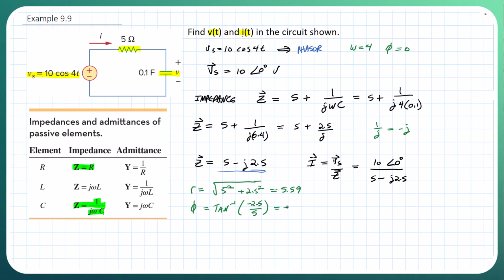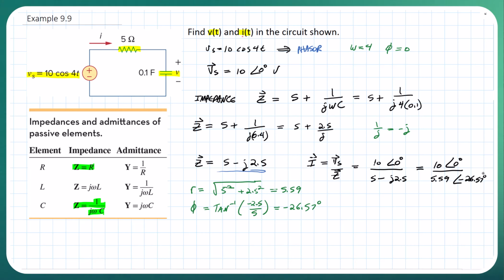That's going to give me minus 26.57 degrees. So I can substitute that for the denominator. We got 10 at an angle of 0 over 5.59 at an angle of minus 26.57 degrees.